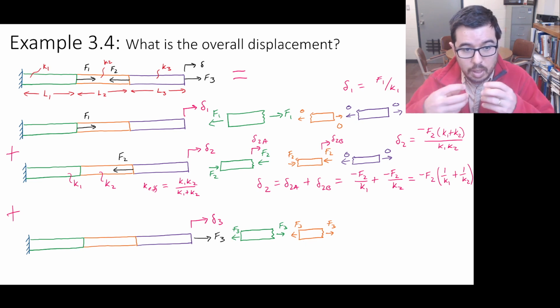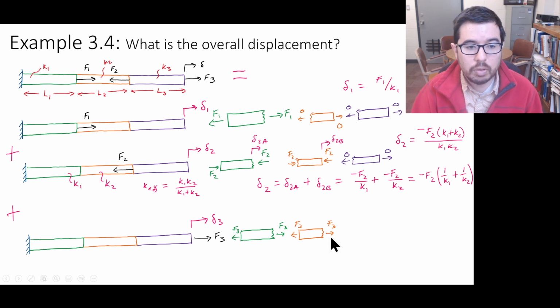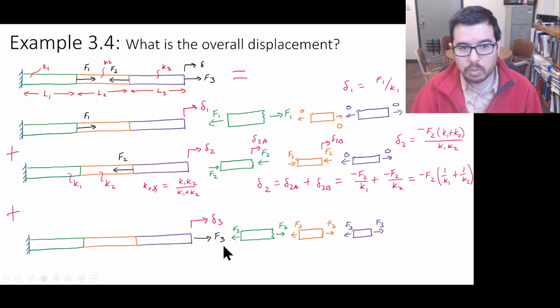That middle section is still going to be pulled apart, and the internal force is still going to be F3. And similarly, if we take a cut here, we have F3 acting on it, pulling it apart, and so that's also in tension. So all 3 have the same force going through them, which is what happens with springs in series anyway.